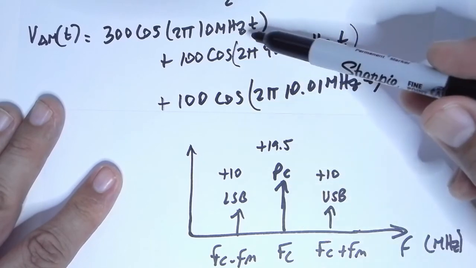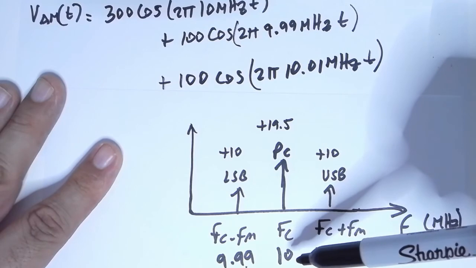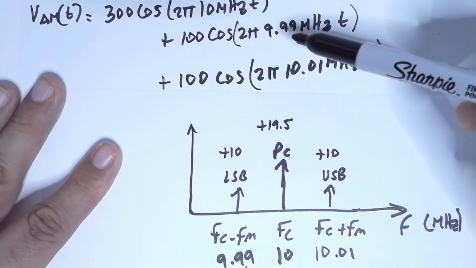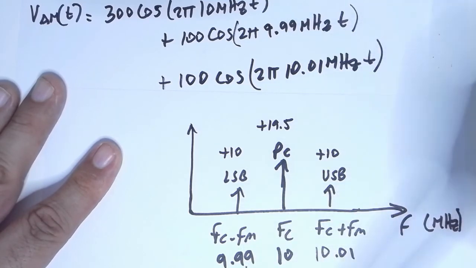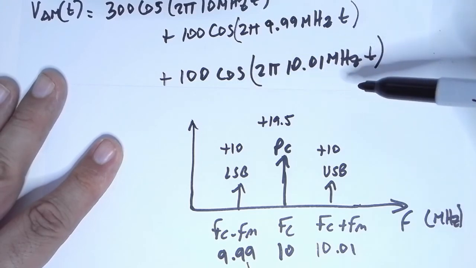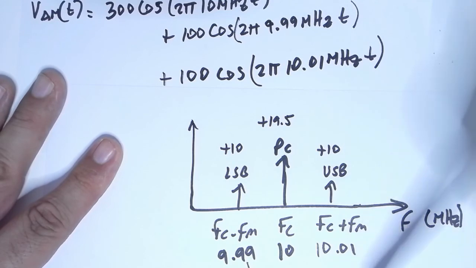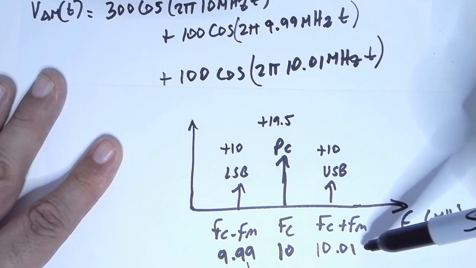So we have a carrier at 10 megahertz. We have a lower sideband at 9.99 megahertz, which is right here. And we have an upper sideband that is at 10.01 megahertz.